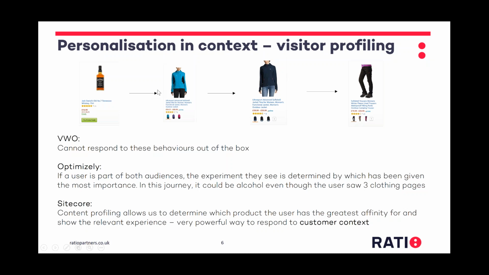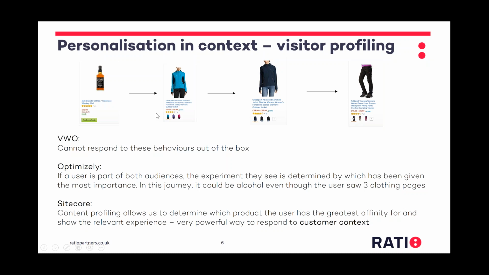Which of those experiments the user would fall into when they come back to the homepage is determined by you in advance in the priority order that you set the experiments in. So you might say in the Optimizely interface that the alcohol experience is the most important one in the hierarchy of possible personalization. Or you might say that the winter clothing experiment is the most important.